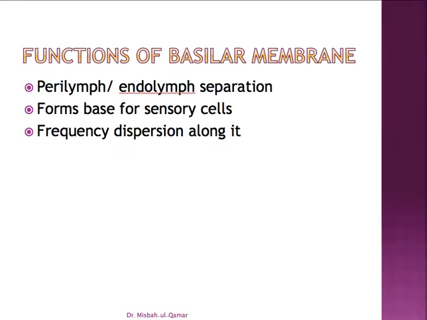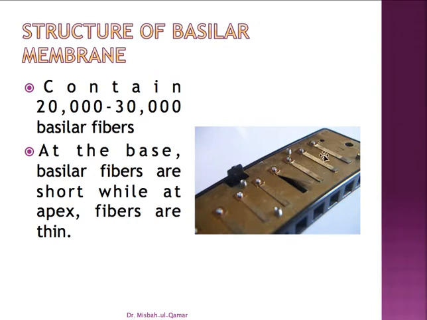And then a very important function it performs is the frequency dispersion along it. As I told you, the fibers of the basilar membrane show a different organization and different structure, which is different at the base from that at the apex, and different kinds of frequencies cause the movement of these fibers.